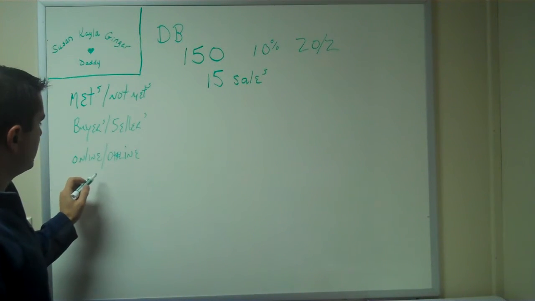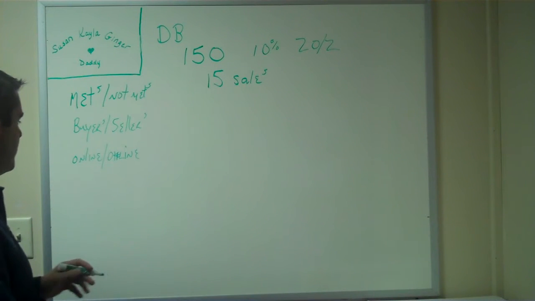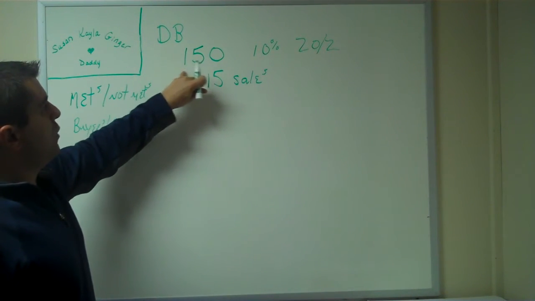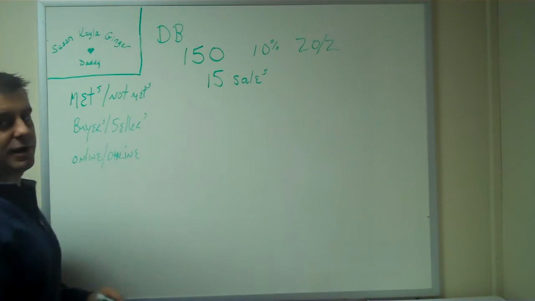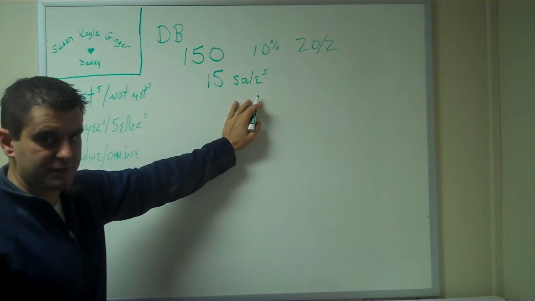Obviously you're going to be communicating with them offline and phone calls, and then online with emails and social media. And make sure that whoever says they'd use and refer you is a friend on Facebook. So we got 15 of the 30 sales.